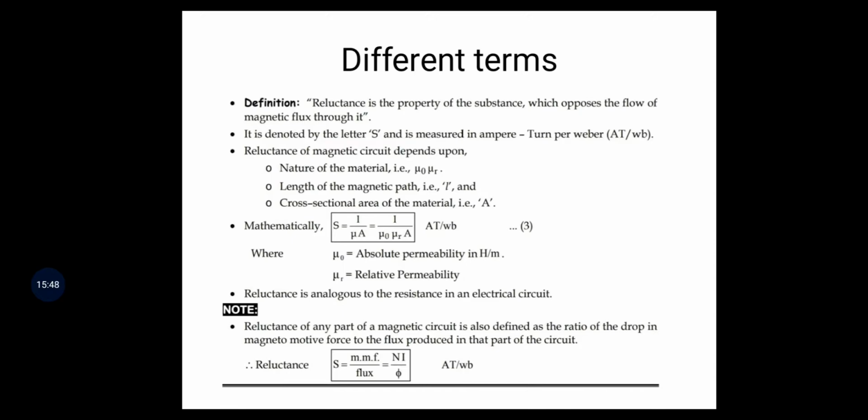Reluctance is analogous to resistance. So again, we defined reluctance: it is the property of the substance which opposes the flow of magnetic flux through it.